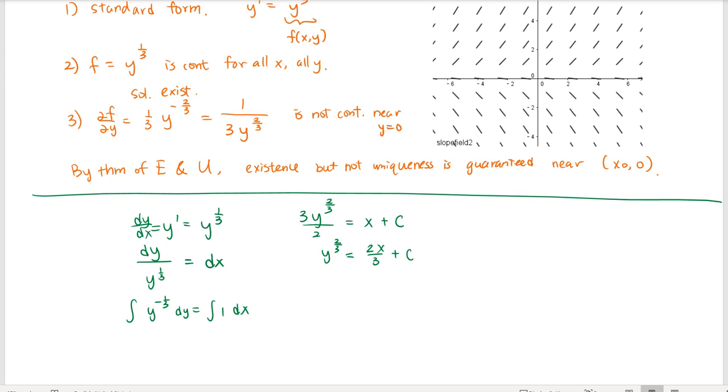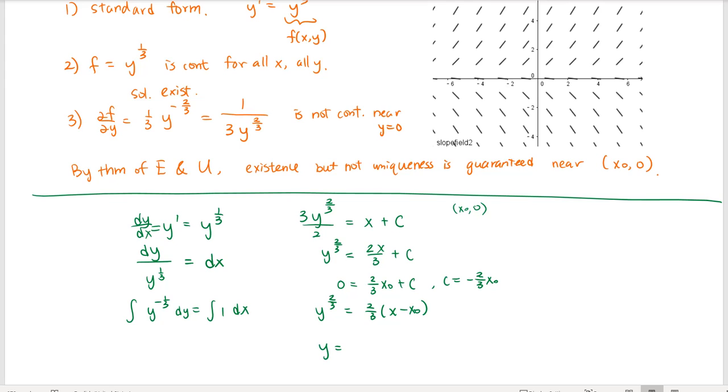Furthermore, we have the initial condition x0, 0, so we plug in y equals 0 and x equals x0, so we get c is minus 2/3 x0. So y to the 2/3 is 2/3 times x minus x0.